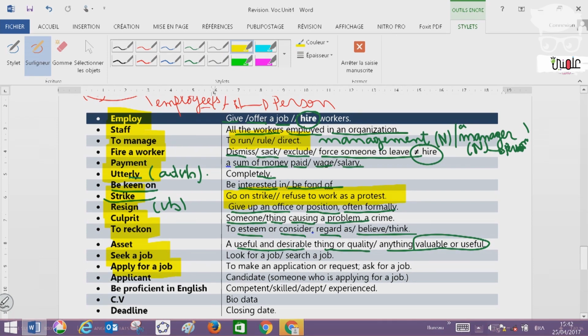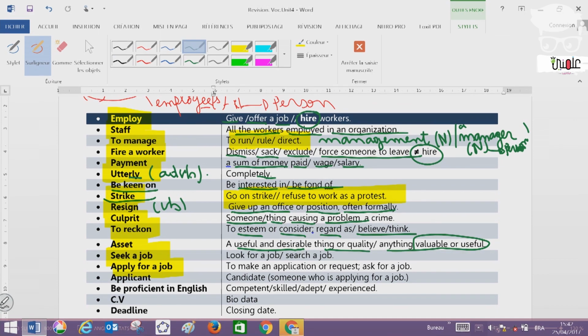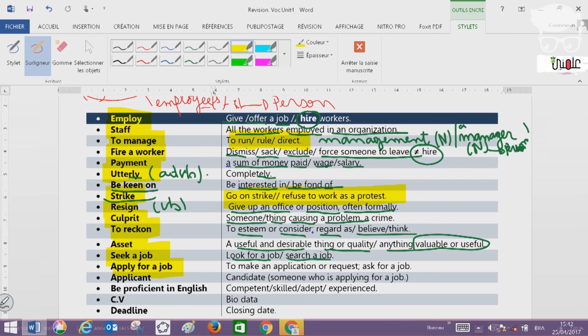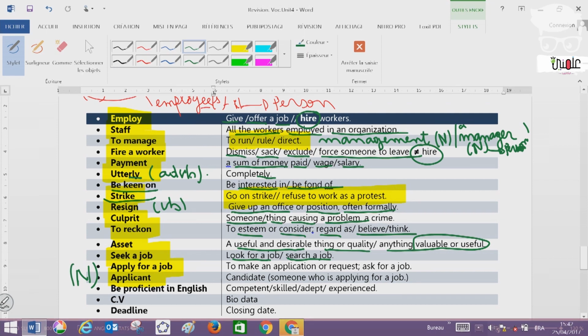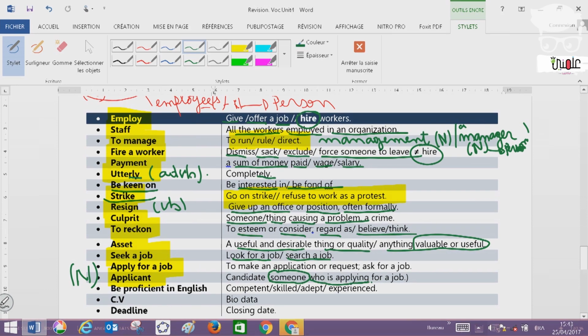And the meaning is as follows. Look for a job. You see, look for, search. Recall there, applicant. The word is a noun. Here you see, very important, someone who is applying for a job.